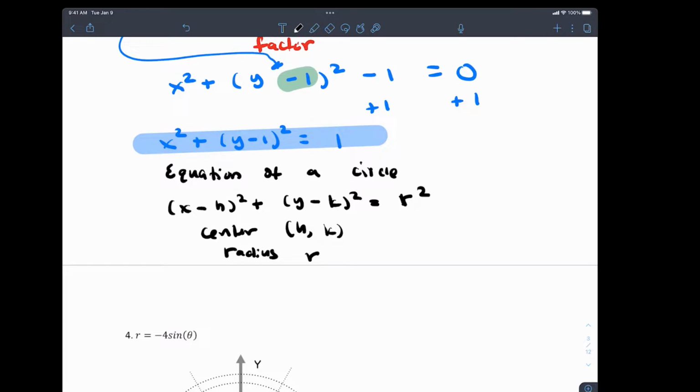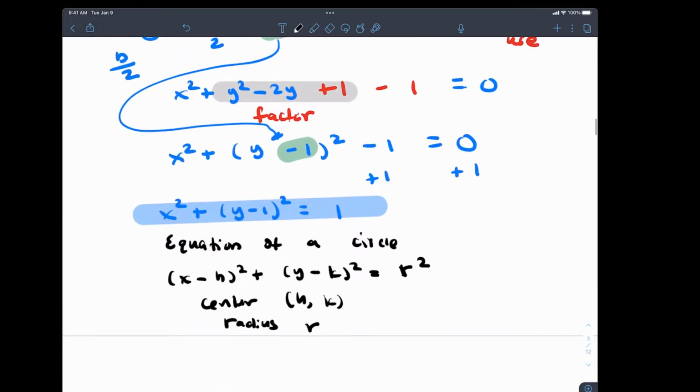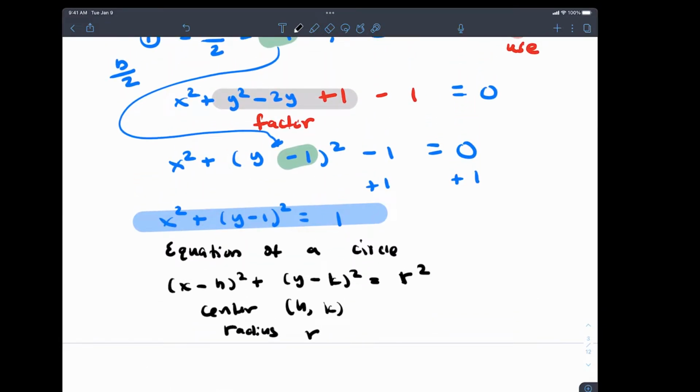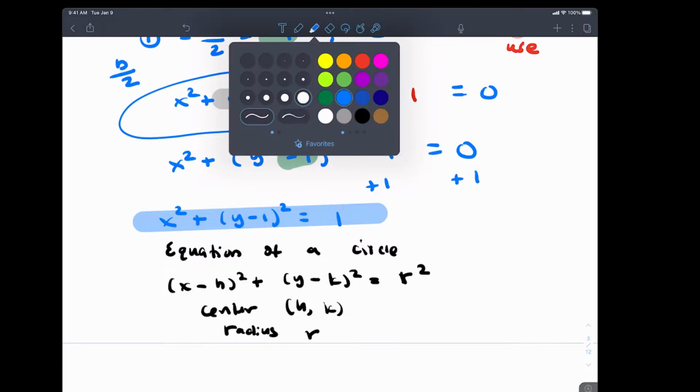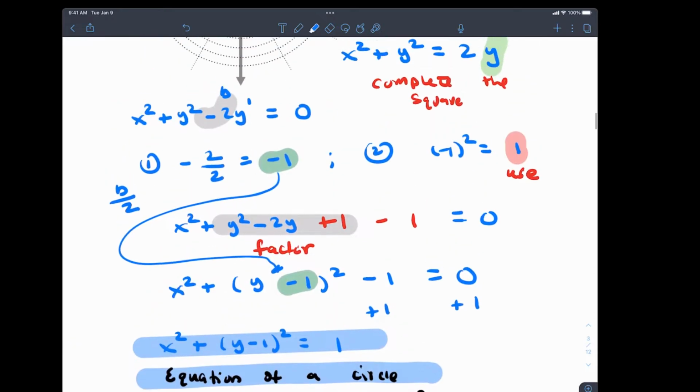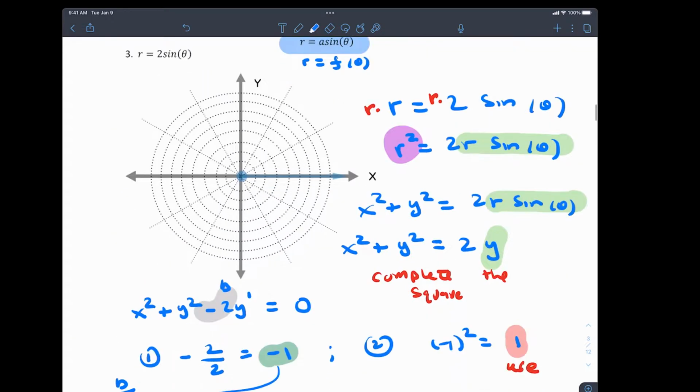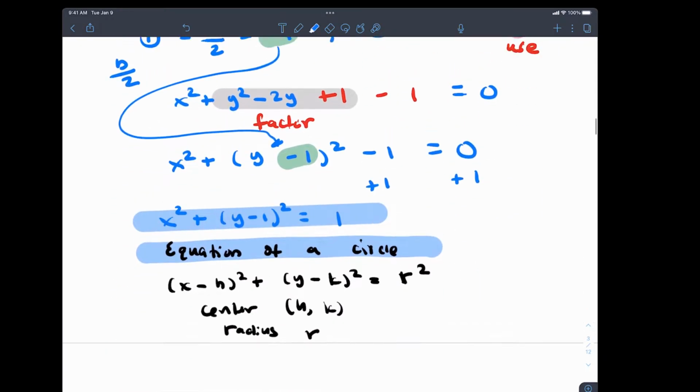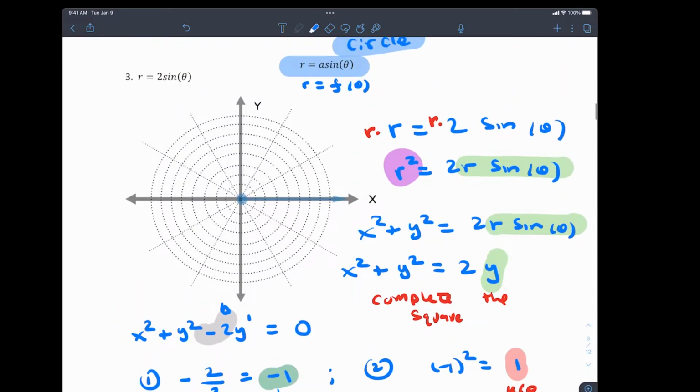So you might say, well, where is this? Well, this is at 0, 1.